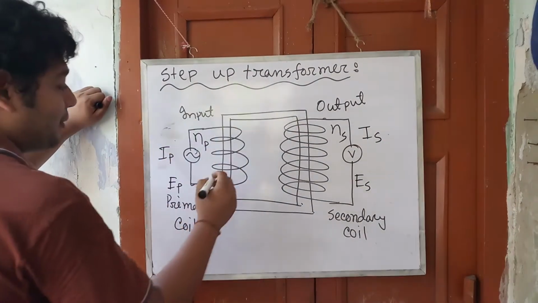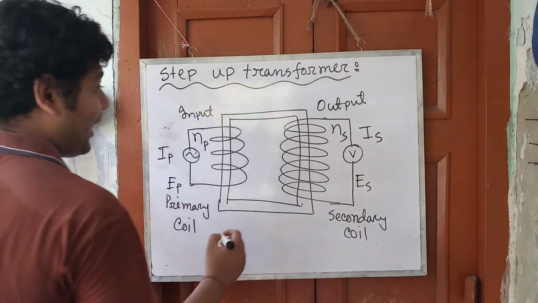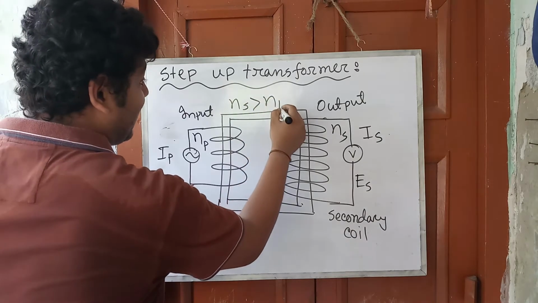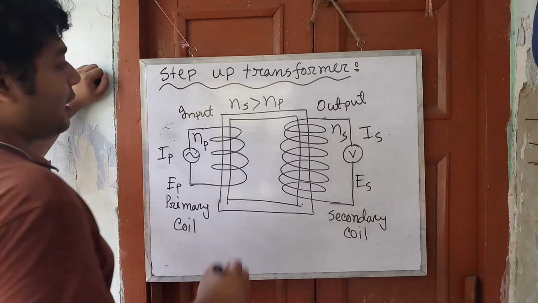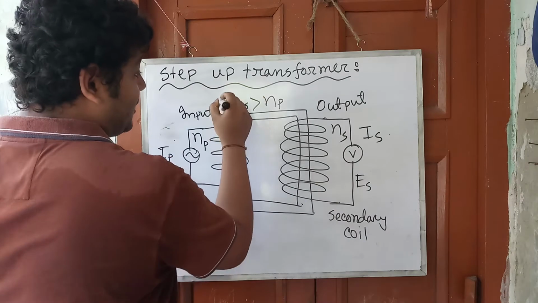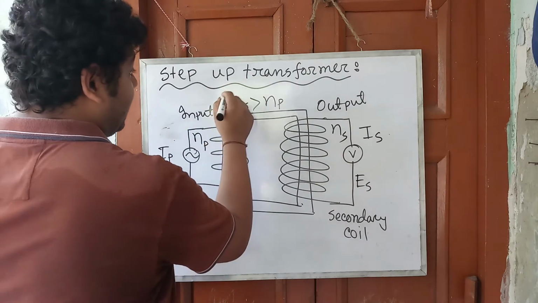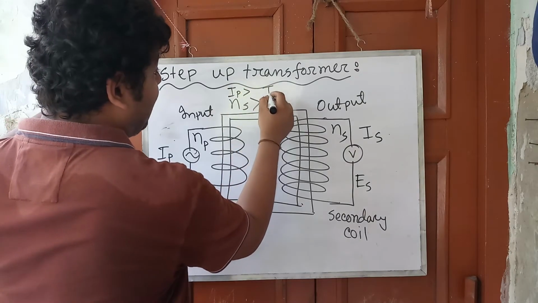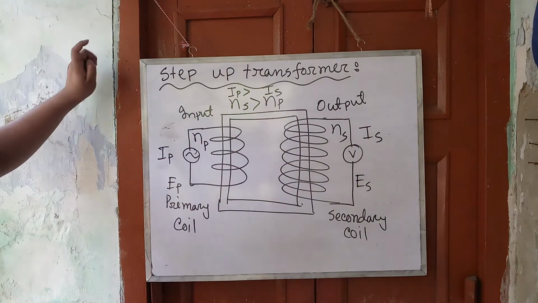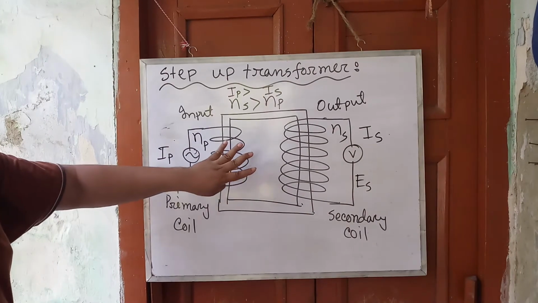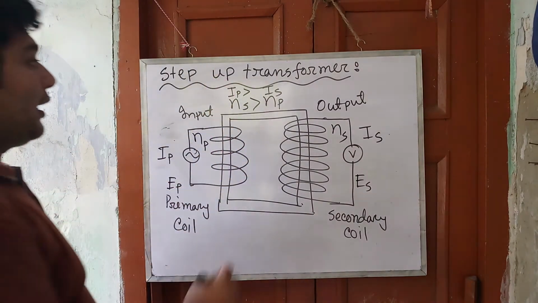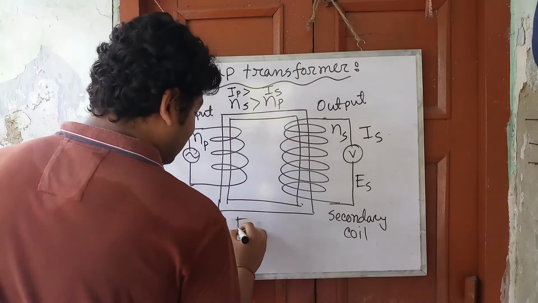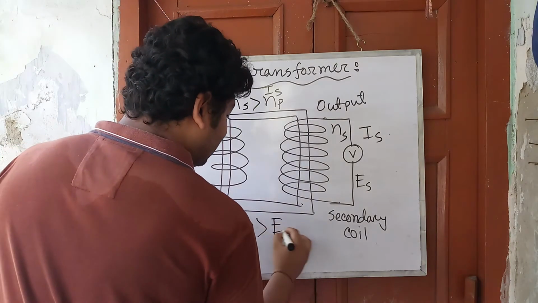For a step-up transformer, we get the conditions NS is greater than NP, and we also get IP is greater than IS. For a step-up transformer, we also get that ES is greater than EP.